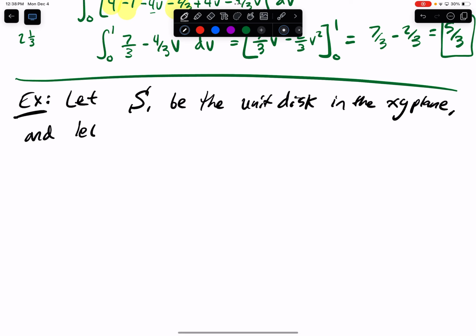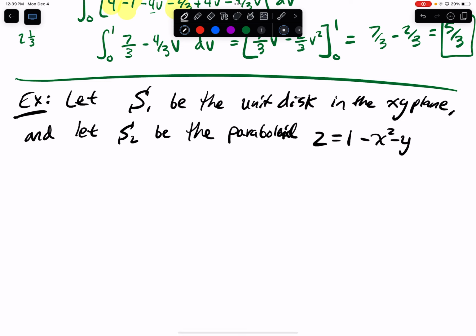And let S2 be the paraboloid z equals 1 minus x squared minus y squared, for z greater than or equal to 0. Okay.